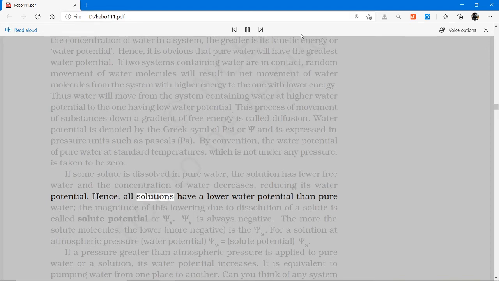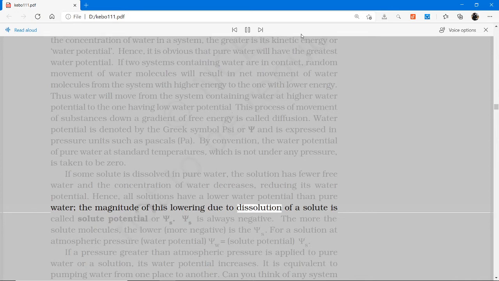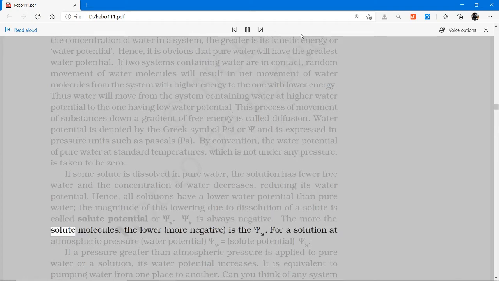Hence, all solutions have a lower water potential than pure water. The magnitude of this lowering due to dissolution of a solute is called solute potential or psi-s. Psi-s is always negative. The more the solute molecules, the lower, more negative, is the psi-s. For a solution at atmospheric pressure, water potential, psi-w, equals solute potential, psi-s.